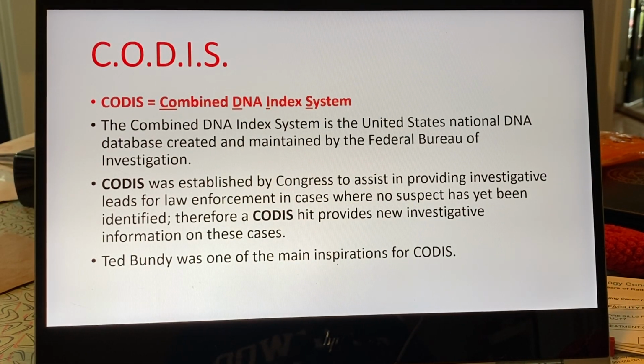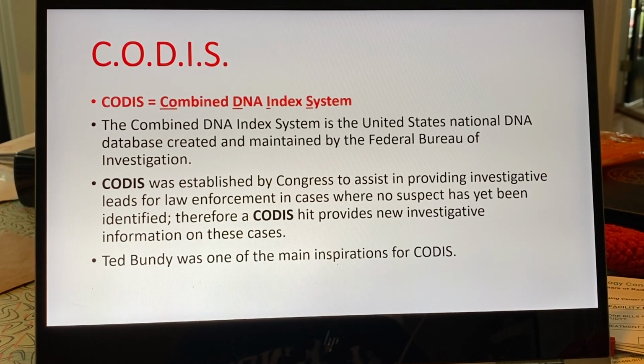So the Combined DNA Index System is basically the United States National DNA Database, though searches can be done internationally via Interpol, and not only CODIS, but also VICAP, FYI. And this database and the computer software was created by the FBI.